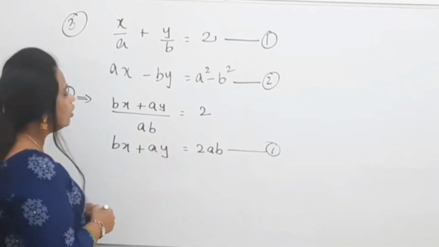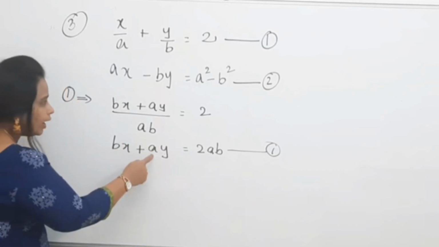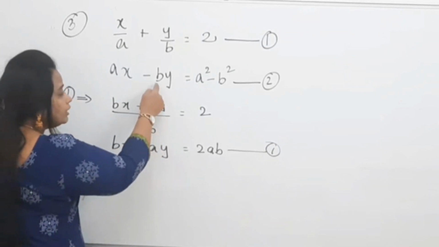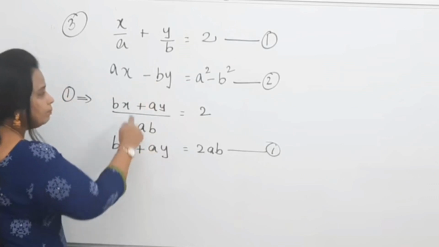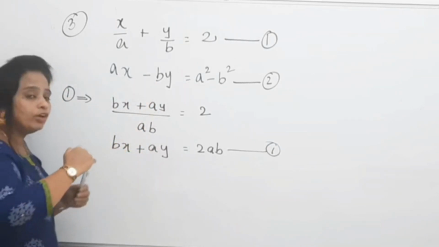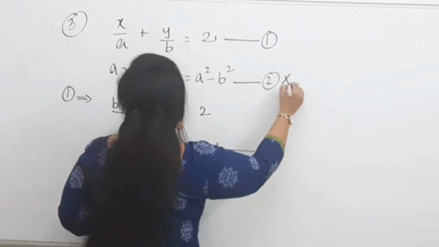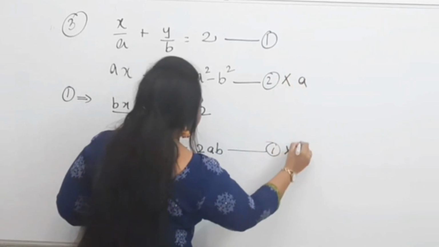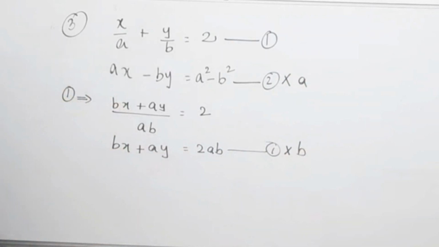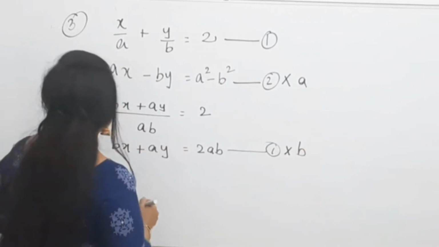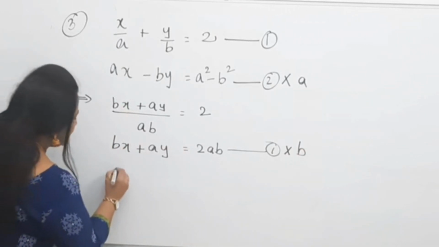So I go for choosing my variable y, and I have to multiply this by a and this by b so that I get my coefficients the same. So the second equation I will multiply by a, and the first equation I will multiply by b. So now I get my first equation as b square.